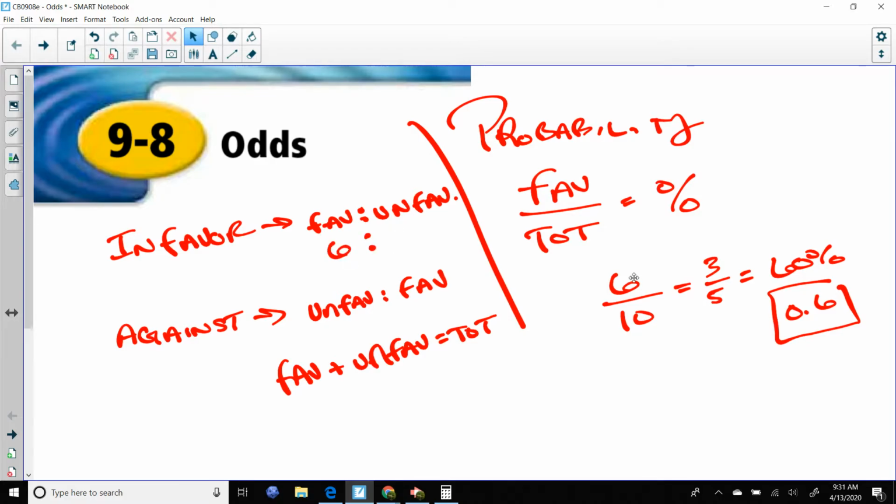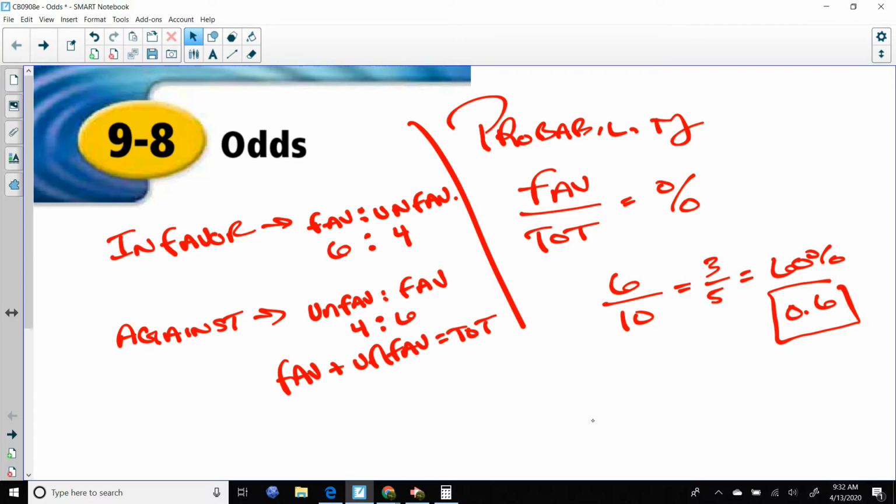Well, if there's 10 altogether and 6 of them are favorable, that means you only have 4 unfavorables. The odds against would be 4 against and 6 for, or in favor of. So 6 to 4 would be your in favor odds. 4 to 6 would be your against odds. And you have a 60% chance of getting the probability, favorable over total. And that's what odds looks like.